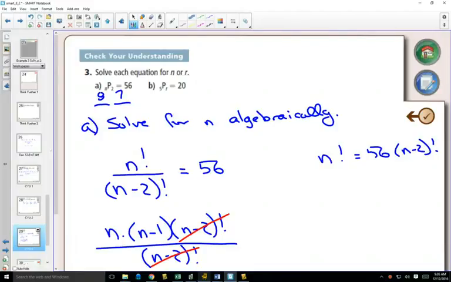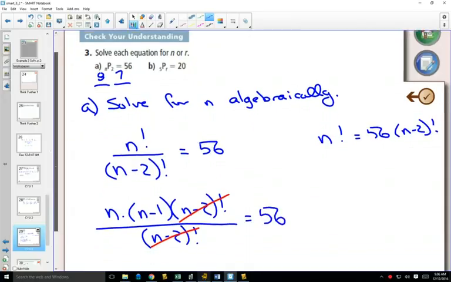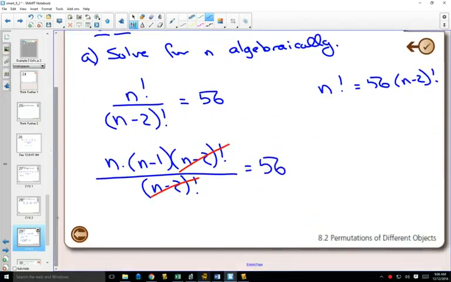This is still equal to 56. So after they've canceled out, now we're left with, if I distribute this, n squared minus n equals 56. What kind of equation is this? It's quadratic.